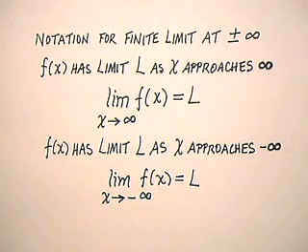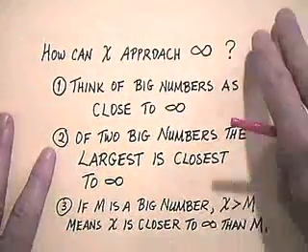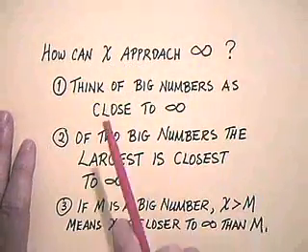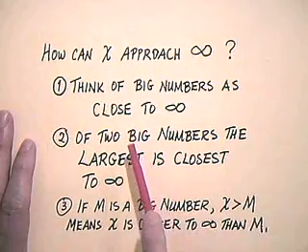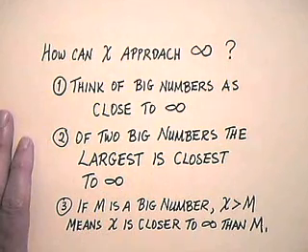Okay, so now the next question would be, how can x approach infinity? Well, to get to this concept, let's begin by thinking of big numbers as close to infinity. Somehow we have to get at a concept of closest to infinity.